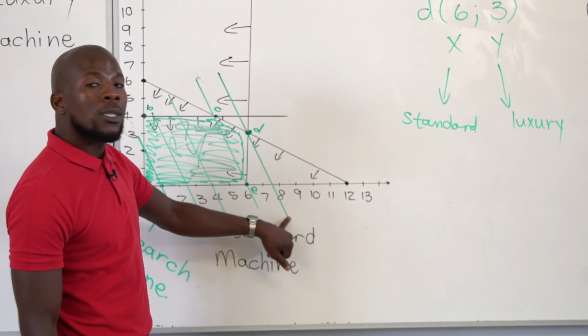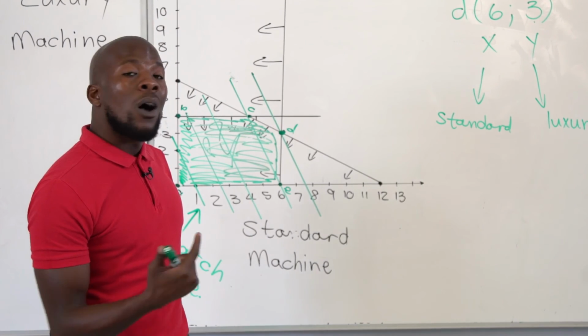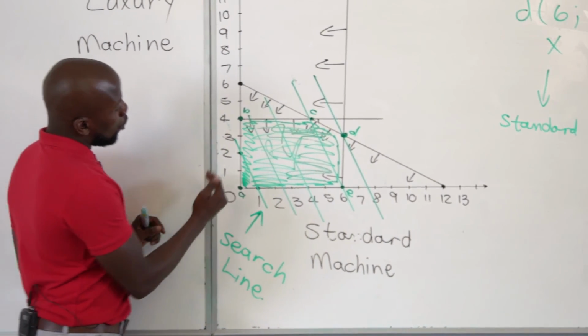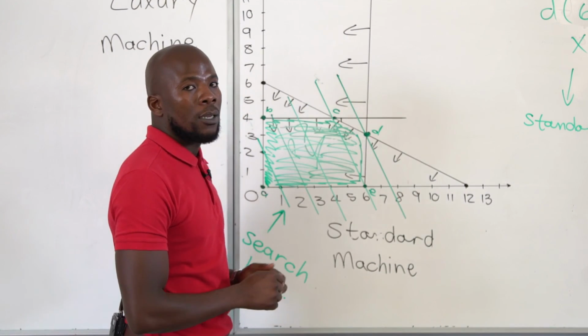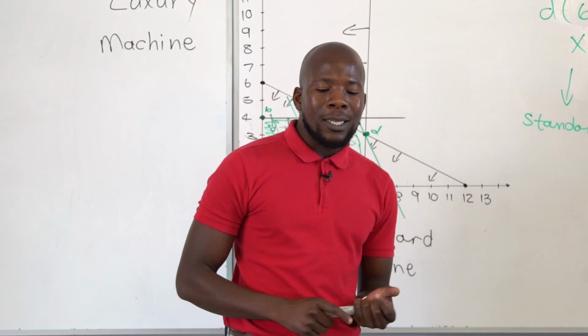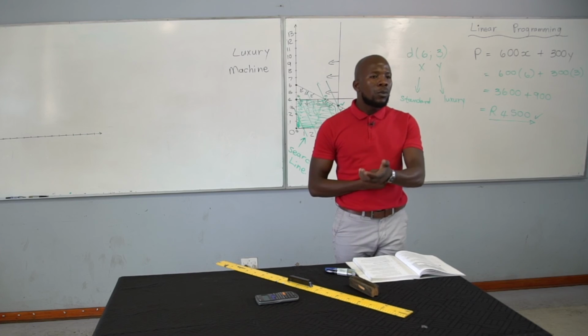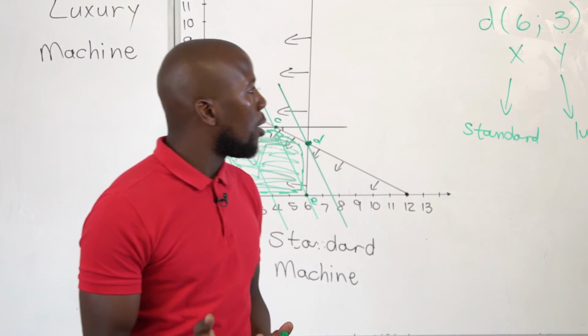That last point is the point that will give you maximum profit. If you are asked for minimum profit, however, you have to observe which of these vertices is touched first by the search line. So the one that is touched first will give you a minimum value. The one that is touched last will give you a maximum value. I hope I'm clear with that being said.